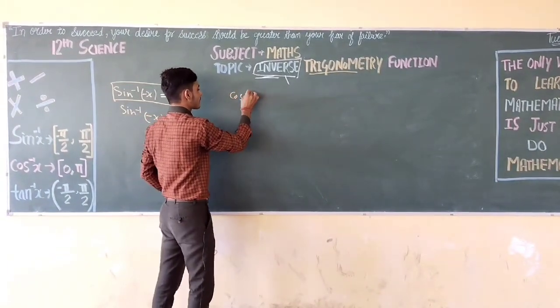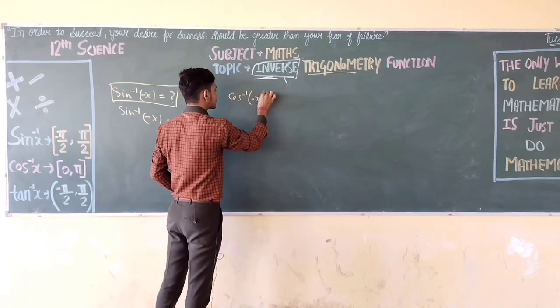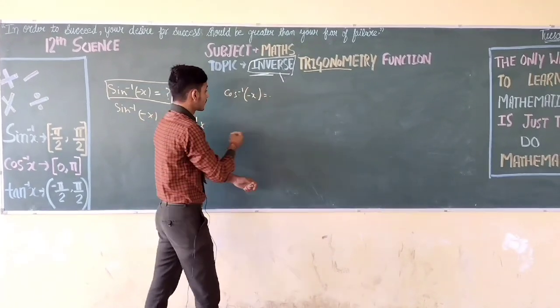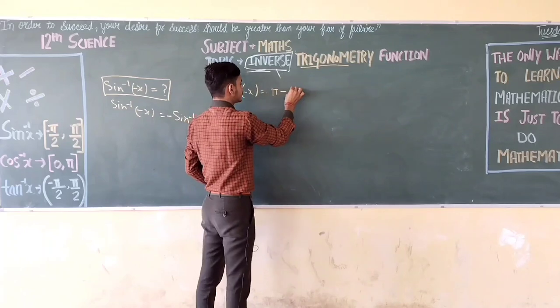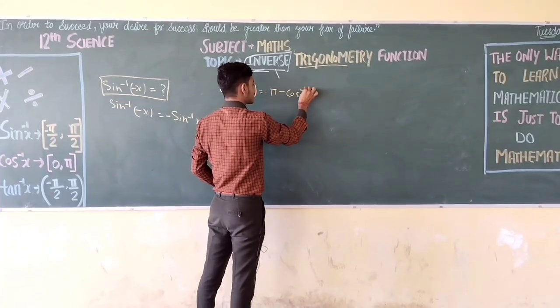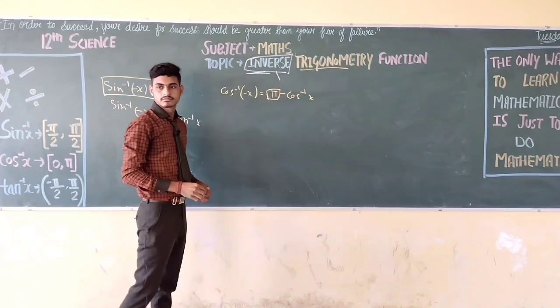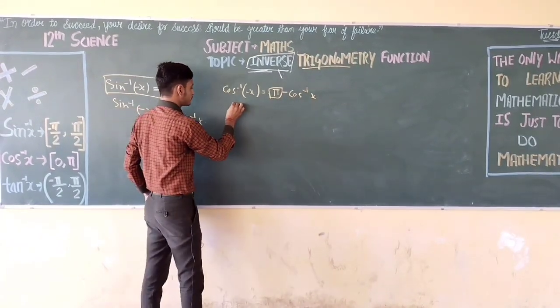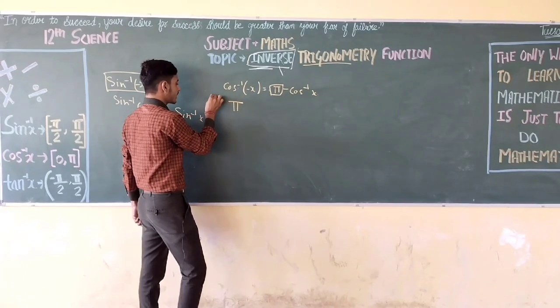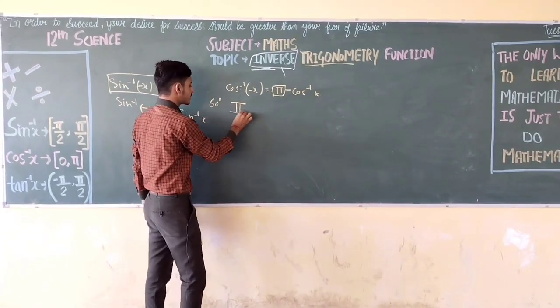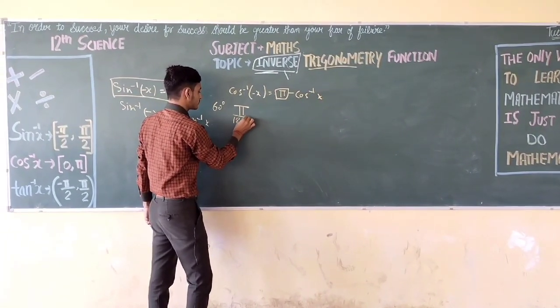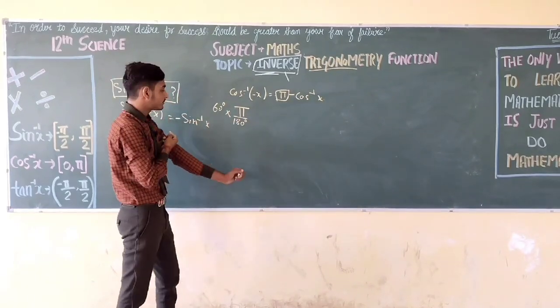Cos inverse minus x is equal to pi minus cos inverse x. What is pi here? From the radian angle, I have taught you that whenever any angle is given to us, we multiply by pi by 180.